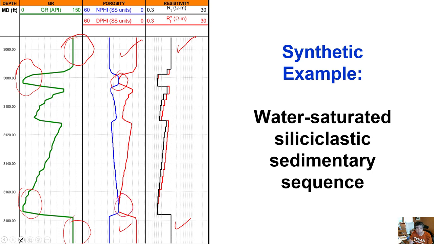And lo and behold, that's what happens. So when we have the lowest value of gamma ray log, we immediately see that the neutron and density logs overlap, and the value at which they overlap is the porosity of that sandstone.